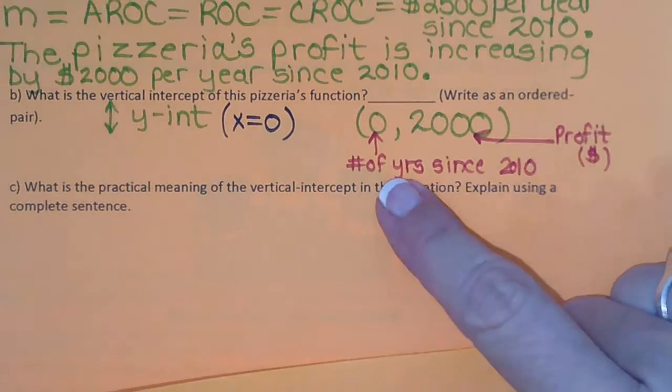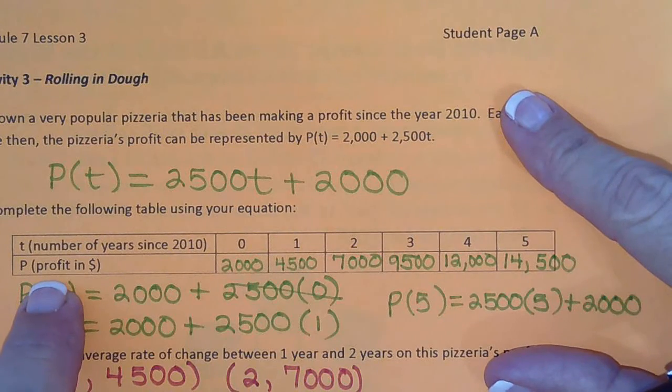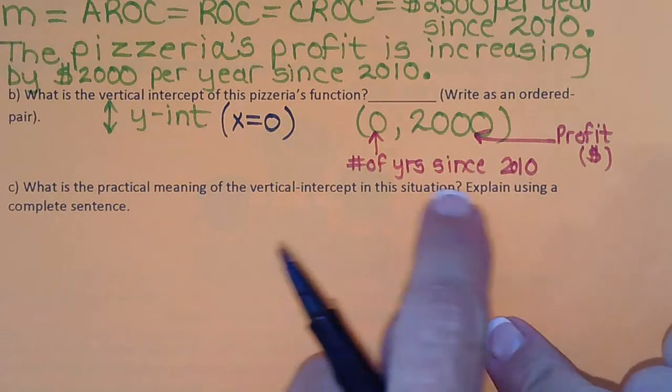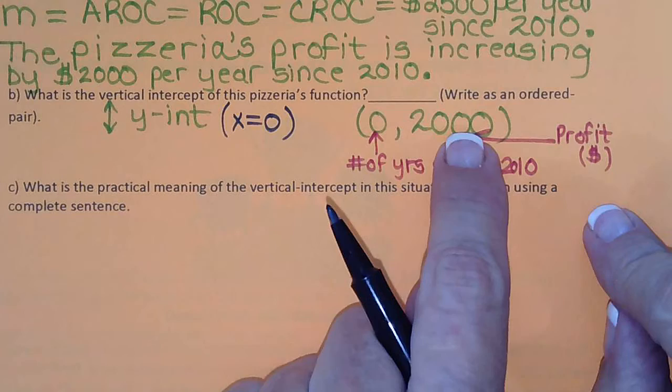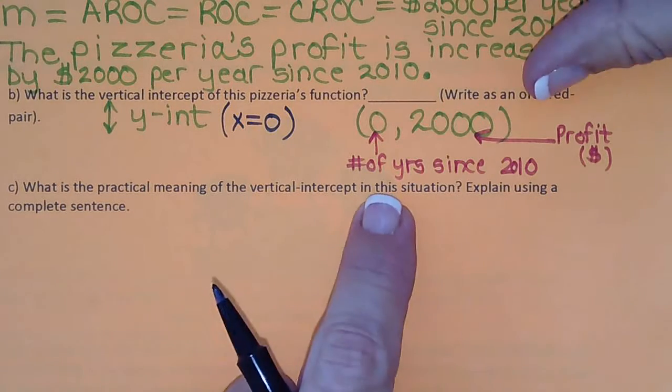Y is profit in dollars. So I labeled each of those: number of years since 2010, profit in dollars. Then they want us to write a sentence about it.